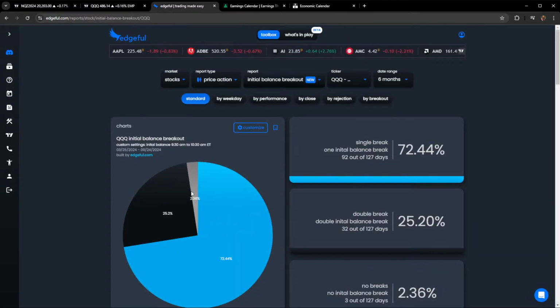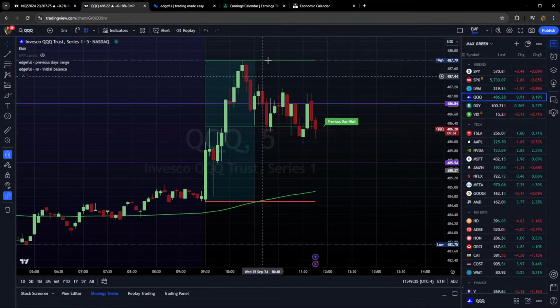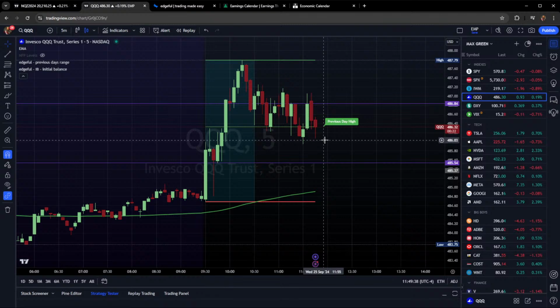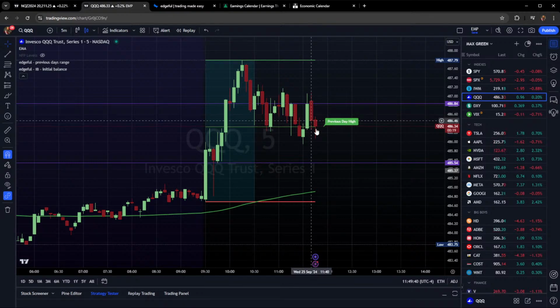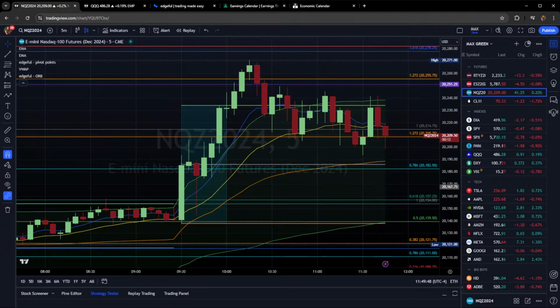So the stats say 72% chance we break one of these two sides, this one or this one. That is a high chance that we're going to break this or this at some point today. We're closer to this one, but we did fail. So this is going to be interesting to watch play out. If we do come down here and break, oof, that's going to be interesting to monitor.